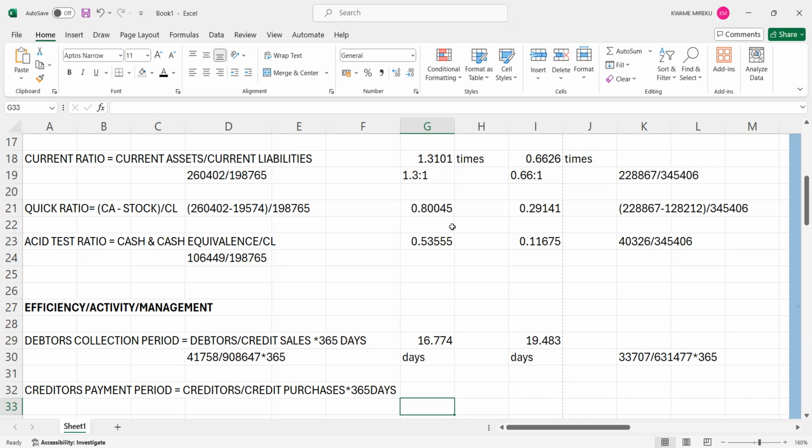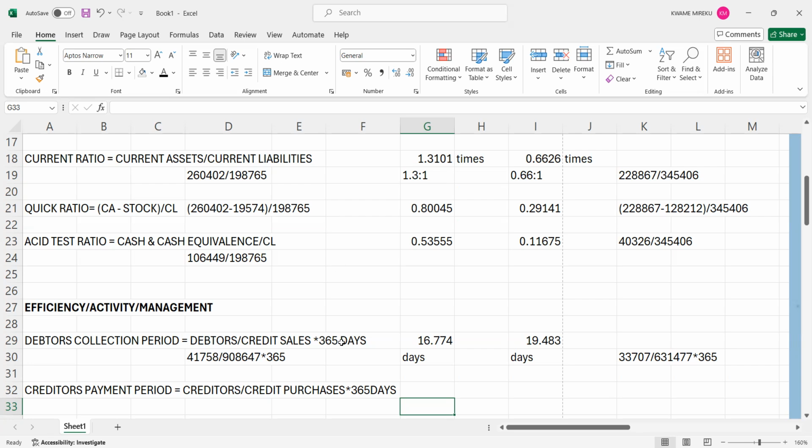Now let's see, are they also efficient in payment of their debts? We have to know that through the creditors over credit purchases. If there are no credit purchases, we go with the purchases figure. If there is no purchases figure, we use the cost of sales figure as a proxy.